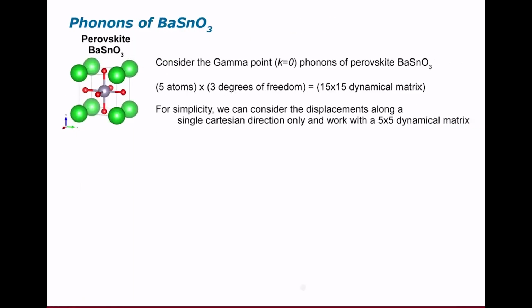Okay, now what I will do is, when we come back in the afternoon, by starting from barium stannate, the nice cubic perovskite, tell you what group theory tells us about the phonons. In particular, I will show you that group theory assigns a representation, a label, to each vibrational mode, each phonon mode of a crystal structure.